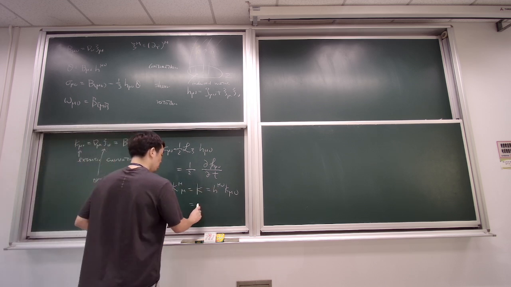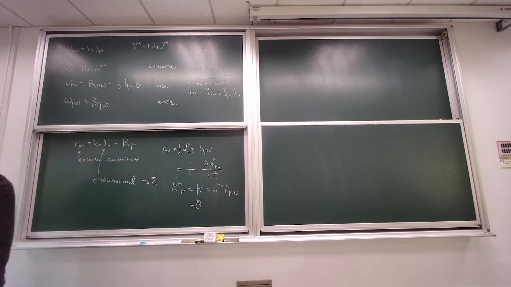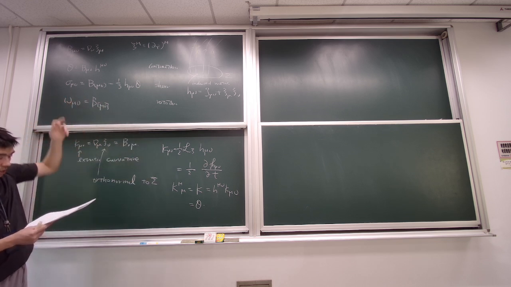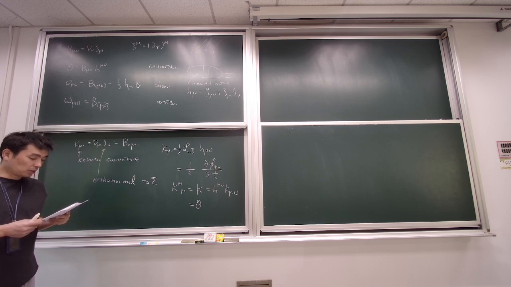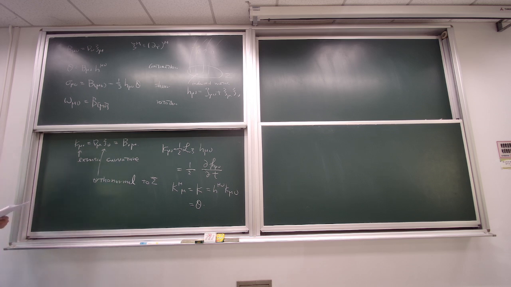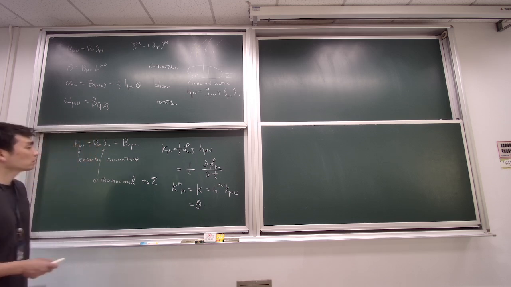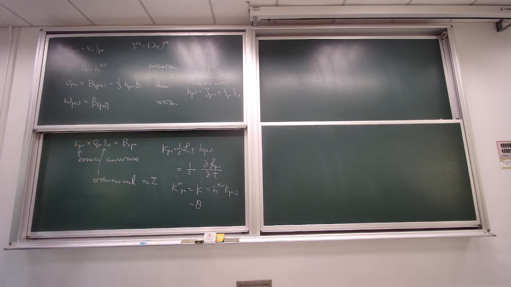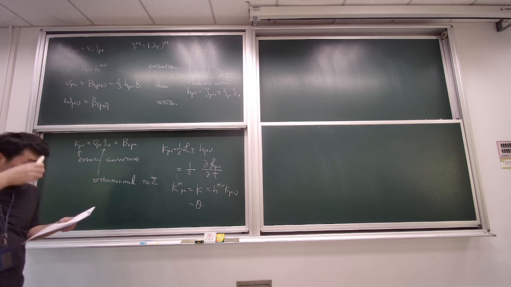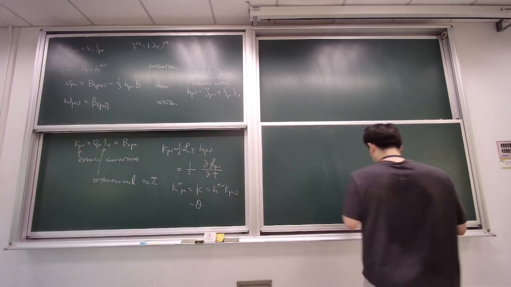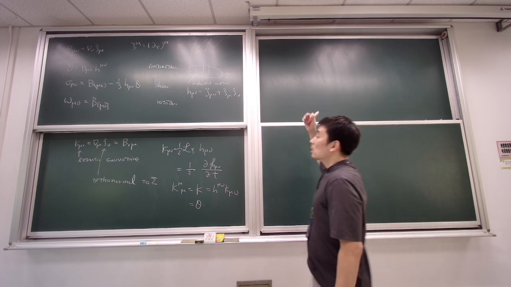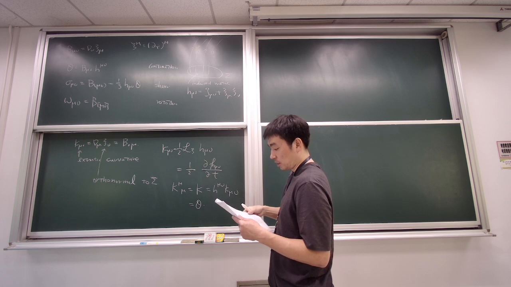And this is in fact equal to θ. So θ is the trace of the extrinsic curvature on the spatial hypersurface. So that's another way to look at θ.